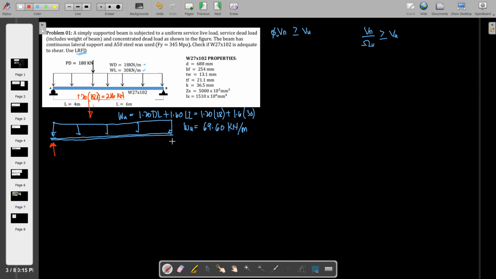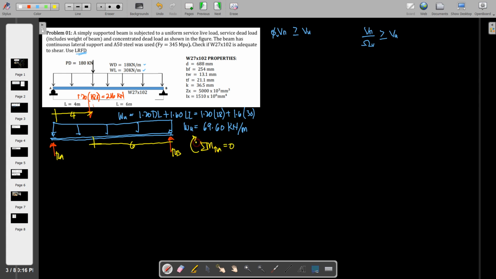Okay, so we need to get the reactions. Say this is RA and that will be RB. We need to note this distance here, 4, and this distance here is 6 meters.